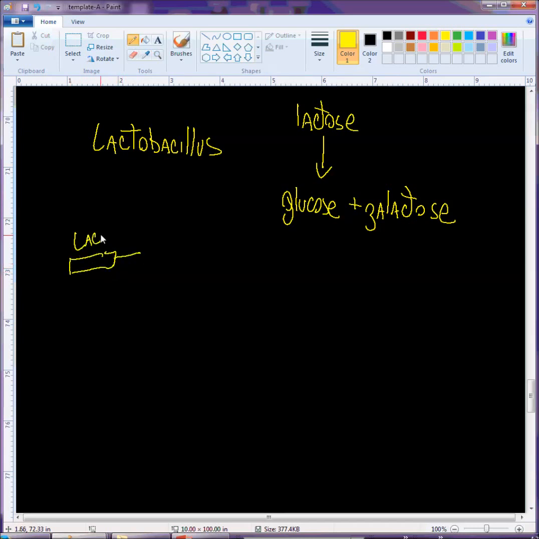We have lac-I separated from the promoter, operator, lac-Z, which is beta-galactosidase, lac-Y, which is the permease, and lac-A, which is, we don't know yet, promoter, operator, repressor binding site, and the repressor.